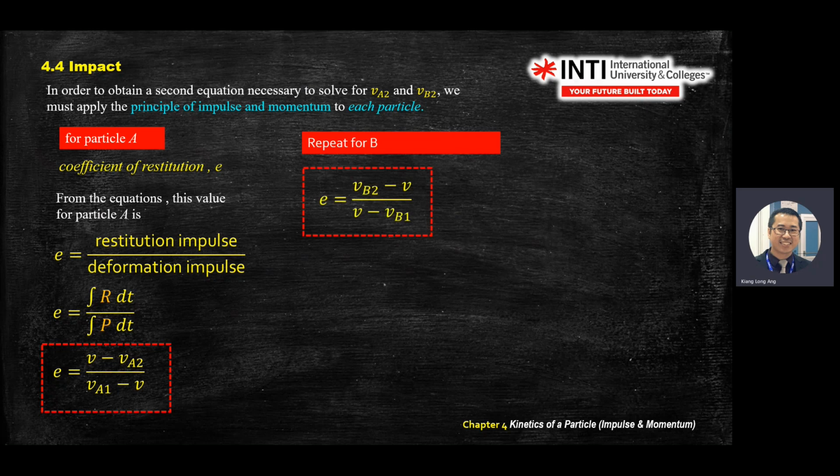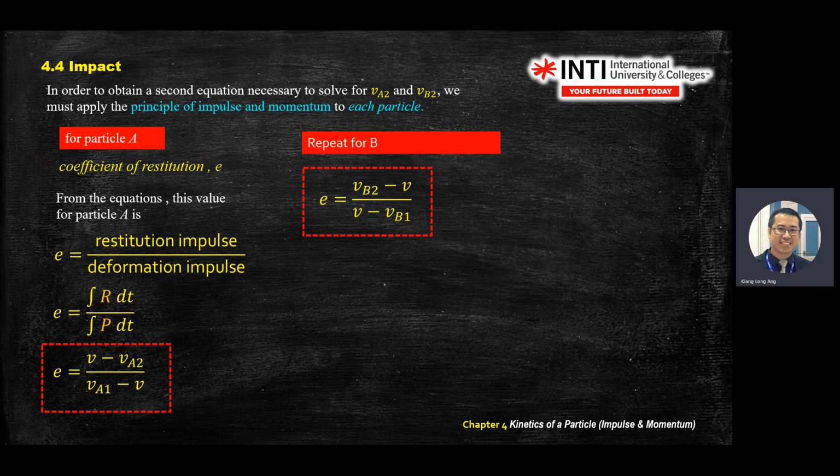B will be the same, but for B the sequence will change, based on the formula that you formed just now. So look carefully at the question to see how the body behaves. This is just to show you how to derive the coefficient of restitution.